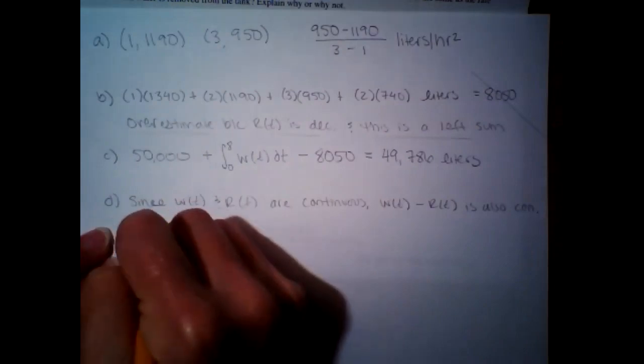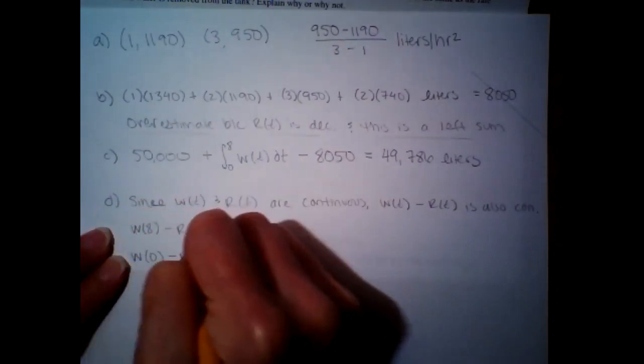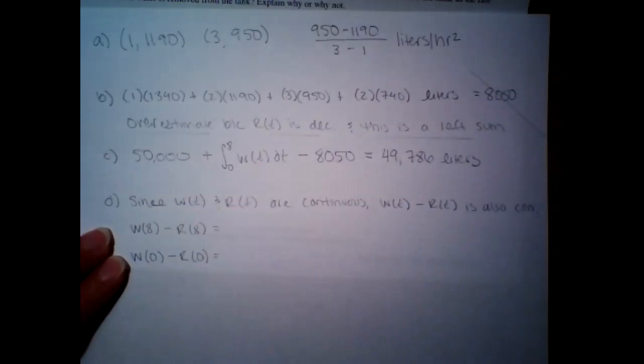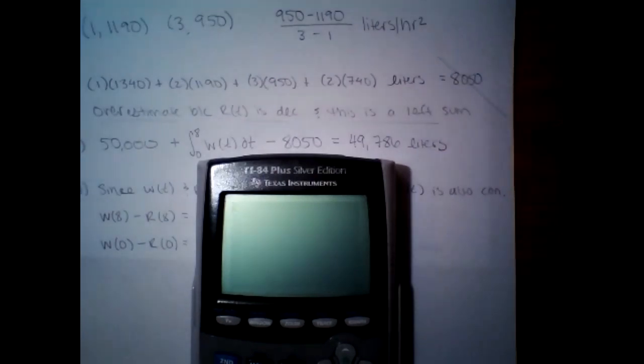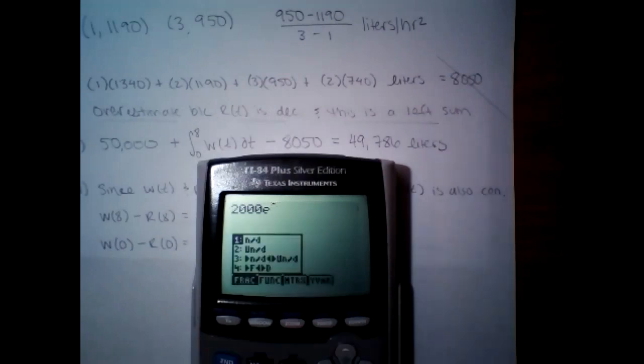And then we're going to do the same thing for 0, because the interval they gave us was from 0 to 8. So for W of 8, I'm going to plug 8 into that function. It was 2,000 e to the power negative, and we're plugging in 8: 8 squared is 64, over 20.